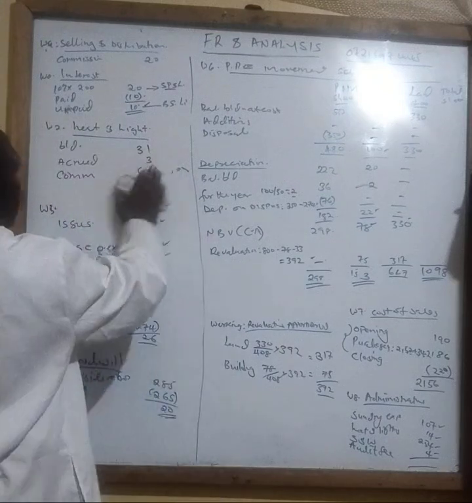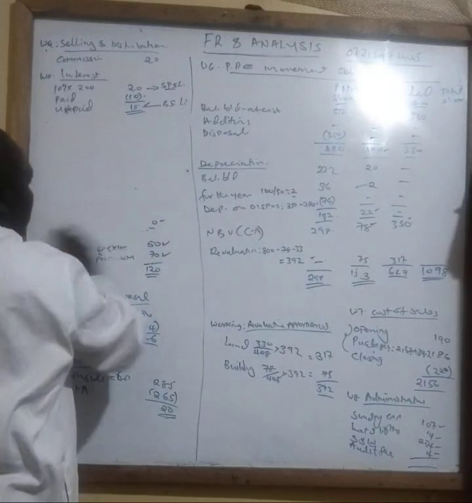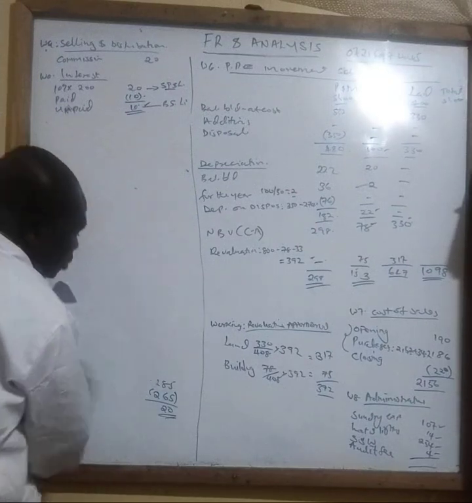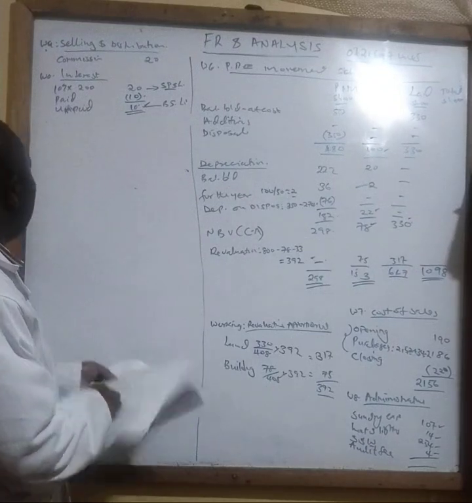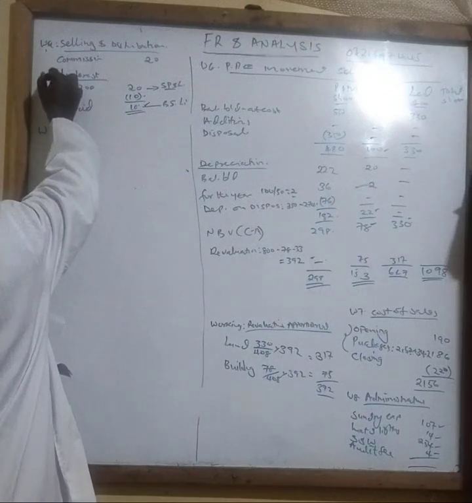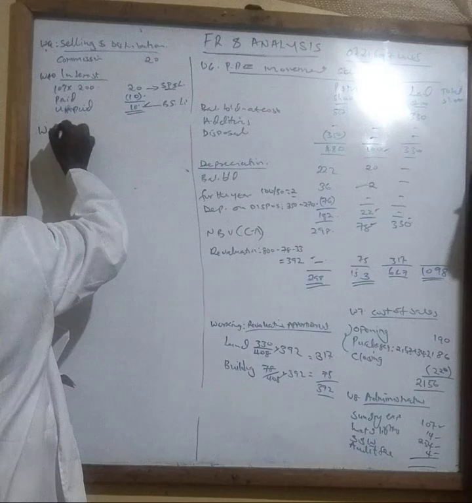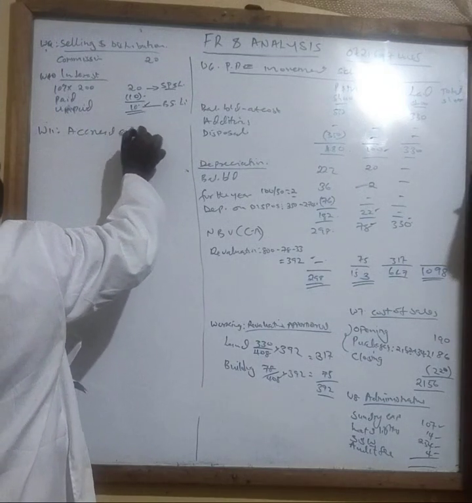It is asking us to prepare some information. But before we do that, I want to finalize on some additional information before now we prepare our workings. So let's work out accrued expenses, working number 11.